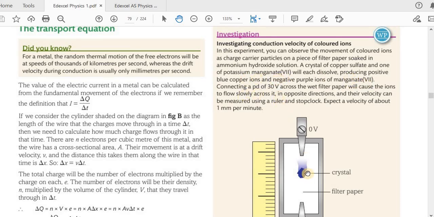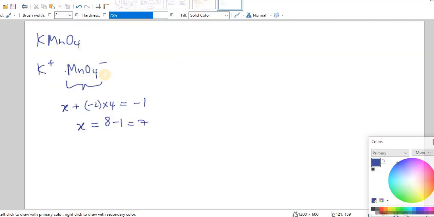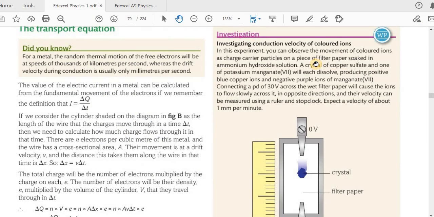So one is positively charged, that is the copper ions, and the manganate ion, which is this one, MnO4 minus, that is negatively charged. Now because both are colored, you can see them moving. One is purple, the other is blue.